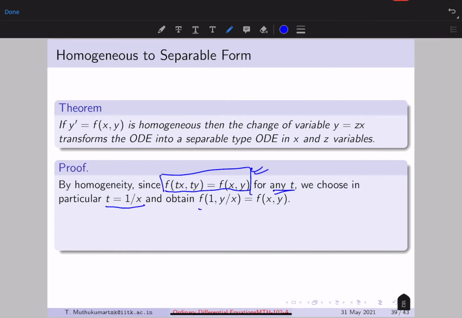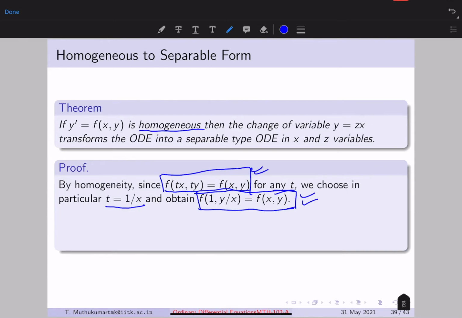What I get is f of 1 comma y over x is f of x, y. This property is a particular case of the previous property. So the fact that the ODE is homogeneous gives me this information: homogeneous implies that f of 1 comma y over x is f of x, y.